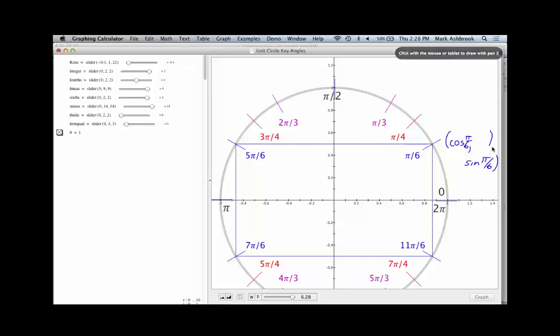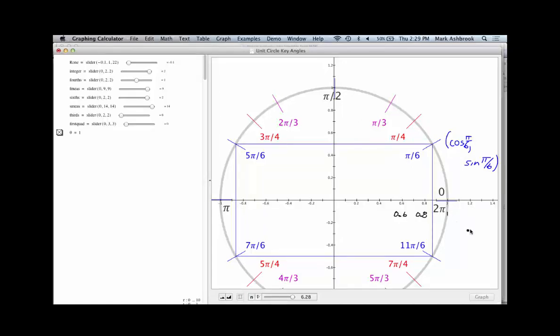Okay, so there are the exact values, but we want to get what those are, right? And so let's estimate first. Estimate for cosine. Again, this is 0.6. This is 0.8. And this is 1.